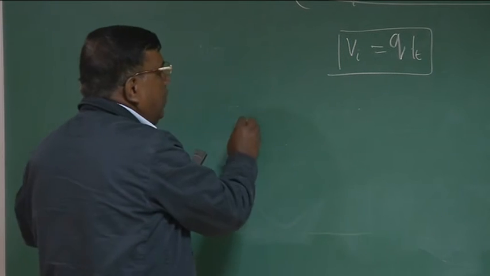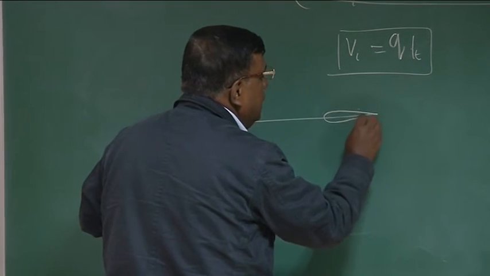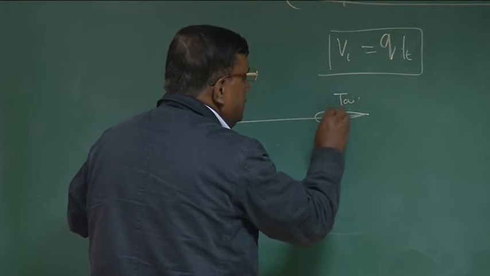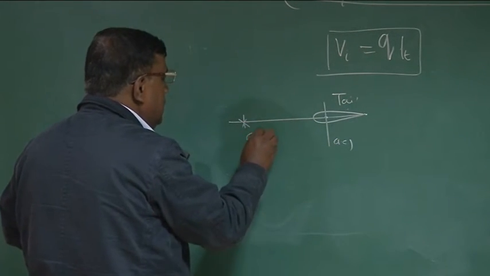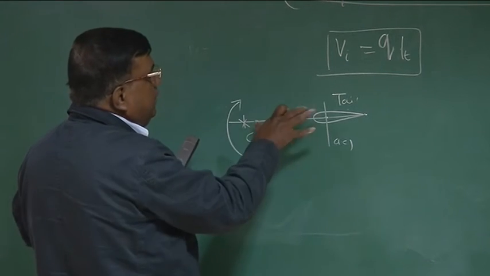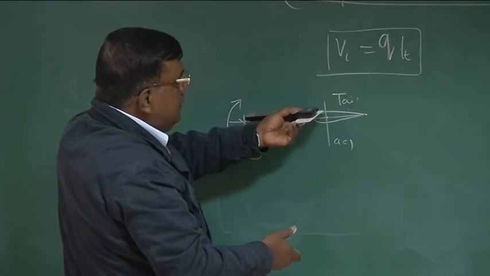Right? So if I draw it, this is the tail, this is the AC of the tail, and this is the CG. It is going for a Q like this, so it is going down like this.